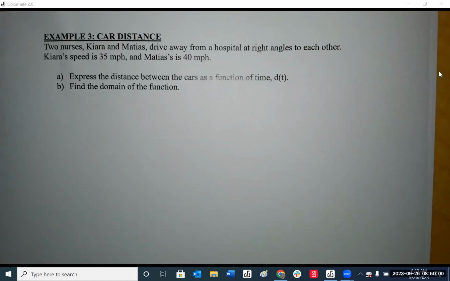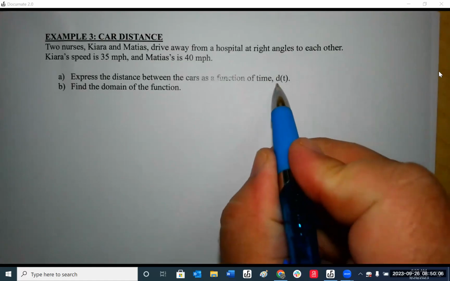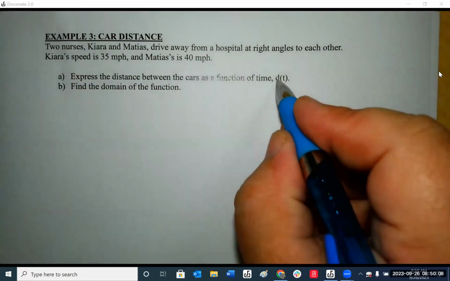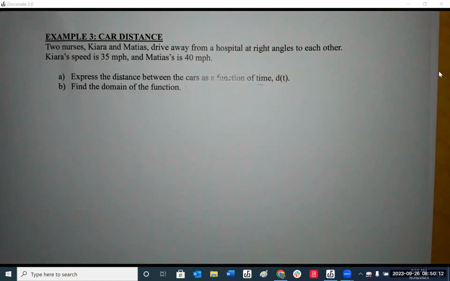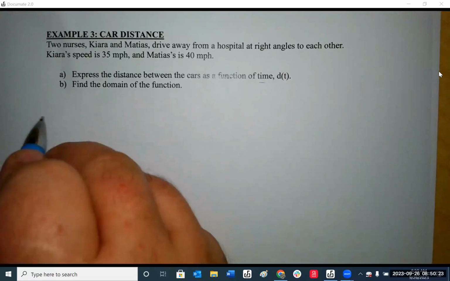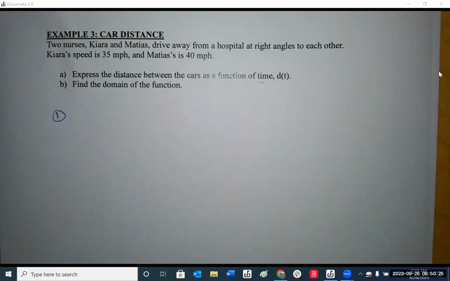Express the distance between the cars as a function of time, d(t). D is the distance, t is the time, the variable. And then find the domain of the function. So, first step, what's given?